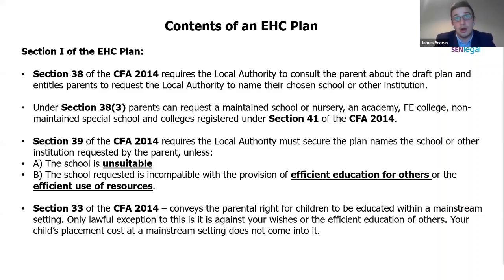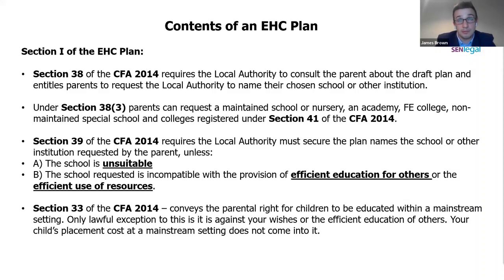Now that is a very high threshold for the local authority to try and use when they would be trying to deny you naming a mainstream school in Section I of your EHC plan, because the local authority are under a duty to remove any incompatibility. So they've got to do all in their power that they can to try and remove that incompatibility to the best of their ability. So in reality, where that would apply is in limited circumstances.